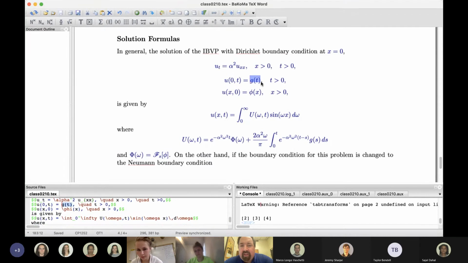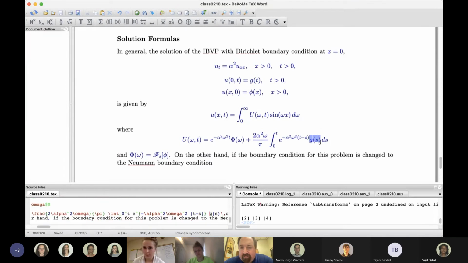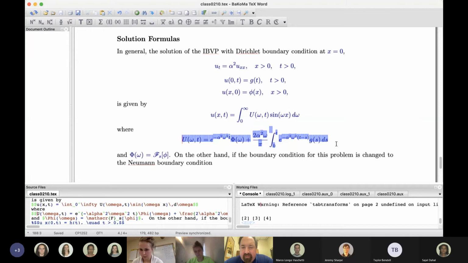Whatever boundary condition you have here gets filled in here. So when you have a problem and you see that it's of this form, then you don't have to go through every little step that I did before. You can jump directly to this.